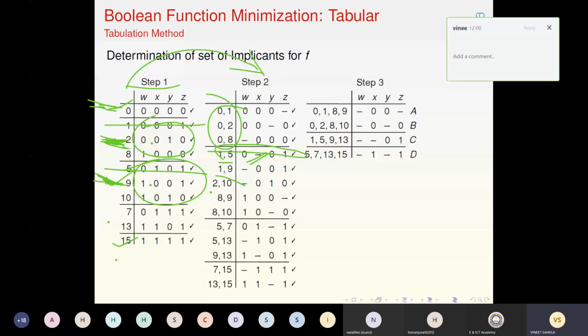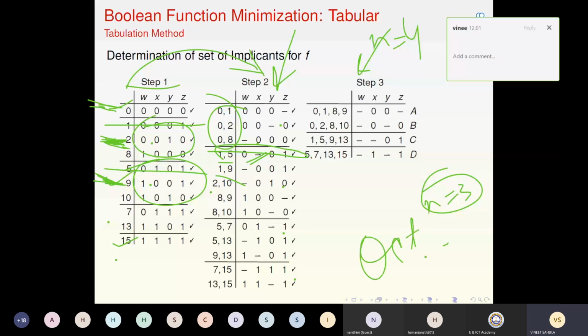Step 2. Now we have groups, and these groups will still be the same: no 1s, one 1, two 1s, three 1s. Then we repeat the same process and reach step 3. The limit will be there. If it is a 4-variable function, the maximum size could be an octet.